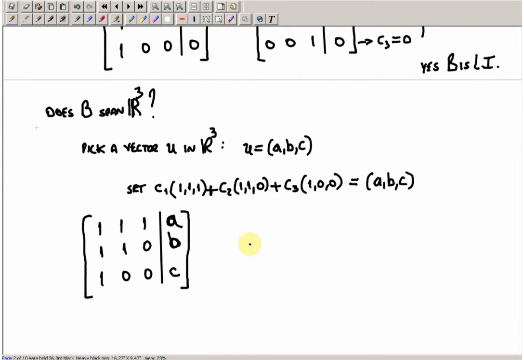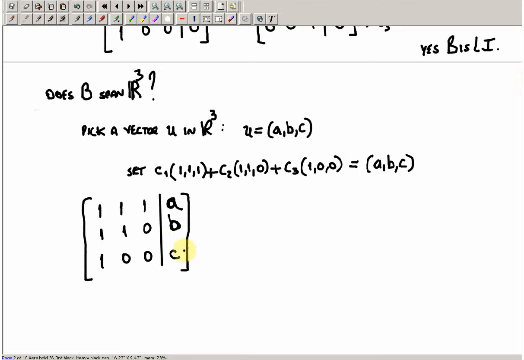Okay, we can solve this by hand, which is not that bad. Well, you can't plug this in the calculator, right? You could solve this by hand. Look at the last row. Last row says C1 is actually C. Look at the second row.